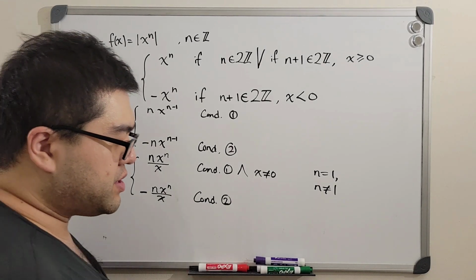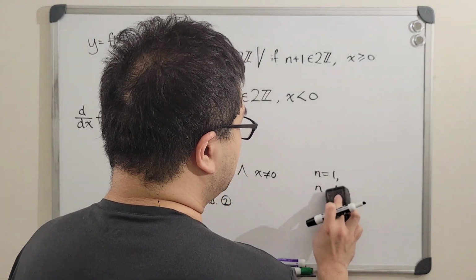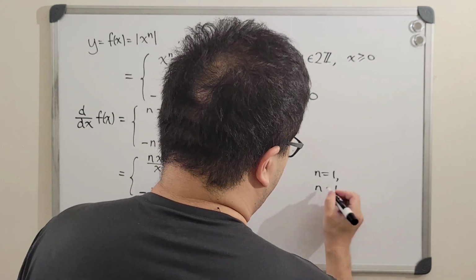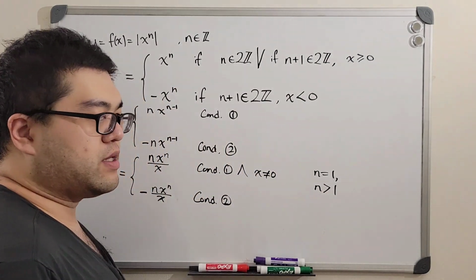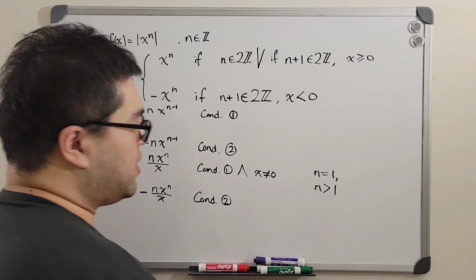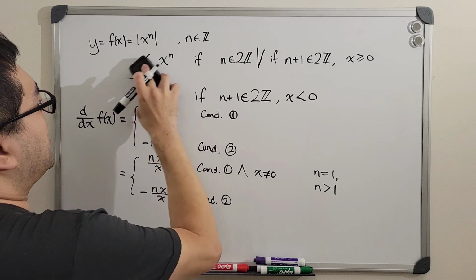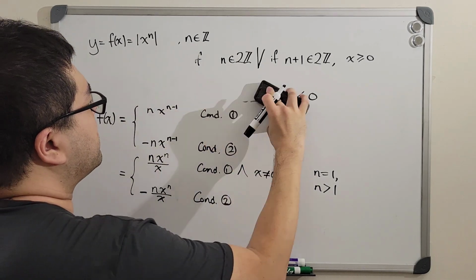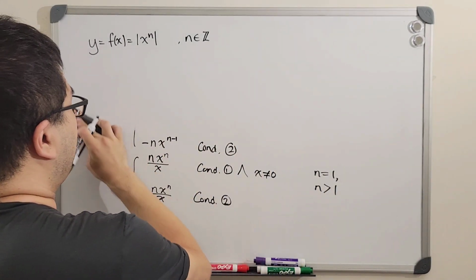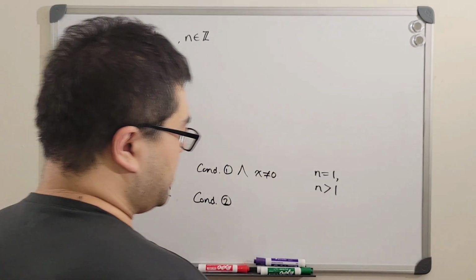But here we'll just have a problem when n is equal to 1 and when n is greater than 1, in some sense. Now, what does that mean? Here is what we have. So let's take this part off and copy whatever we have to the next board.